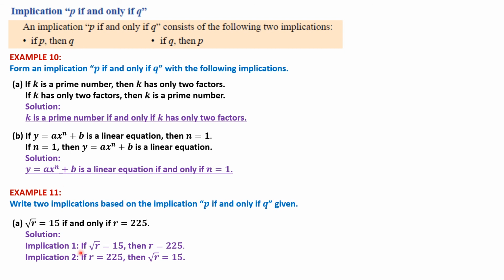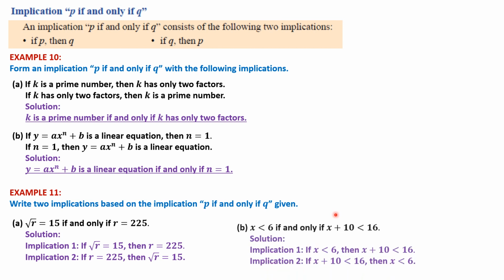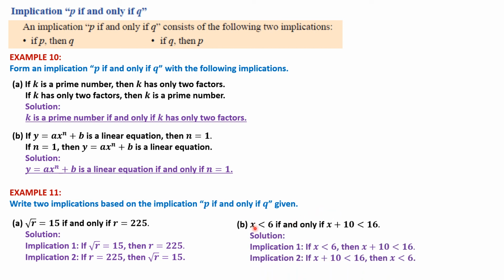For the first implication, the format is if P then Q. So you write the answer: if square root of r equals 15, comma, then r equals 225. For the second implication, you write Q first: if r equals 225, comma, then square root of r equals 15.